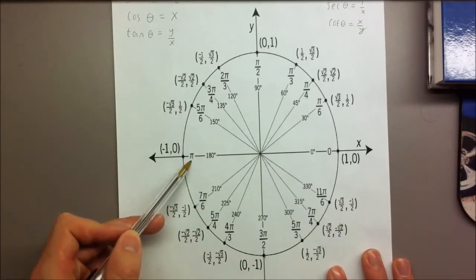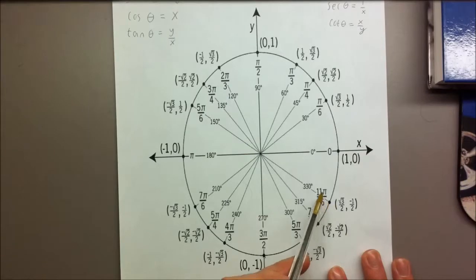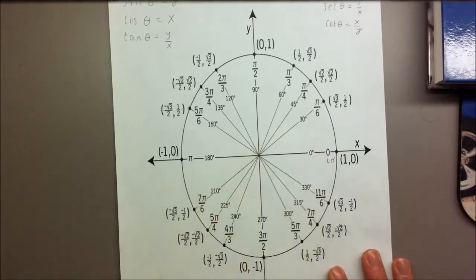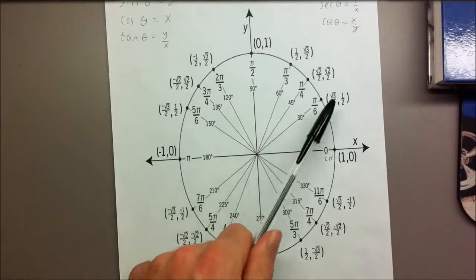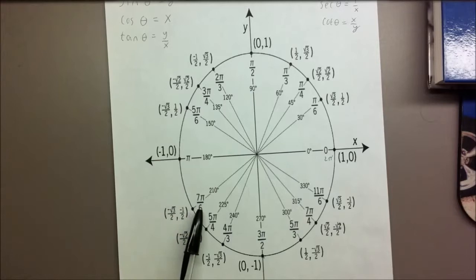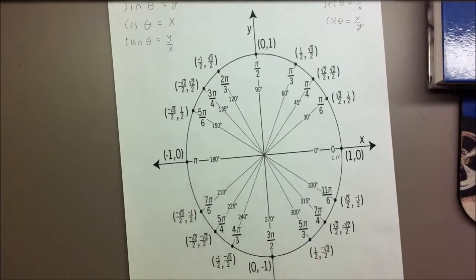But you can see each time it's simplified. 7 pi over 6, 8 pi over 6, 9 pi over 6, 10 pi over 6, 11 pi over 6, and 12 pi over 6, which is also 2 pi, right? So you can just go pi over 6 each time and write out those points, but you'll see that they're simplified. So remember, for 6 pi over 6, just simplify that to pi.